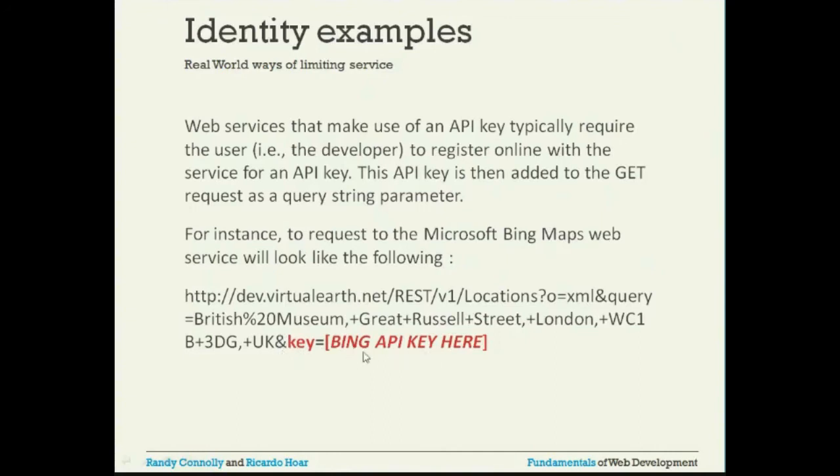So key is equal to the Bing API key. Whoever wants to consume that service has to register with Microsoft for that particular web service, get the API key, and with every request they have to include this key along with the GET request.